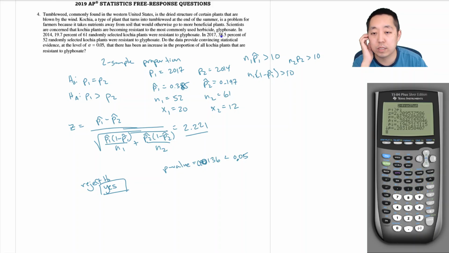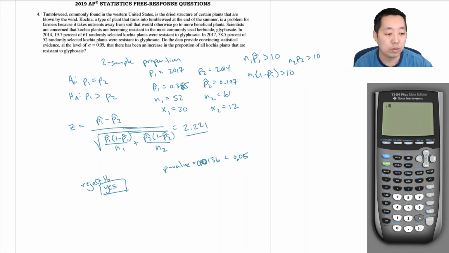These will all be met because the numbers are pretty big. 61 times 0.2 is about 12, and 0.385 times 52 is 20. So it met the conditions for using the distribution, but it's good to double check those.